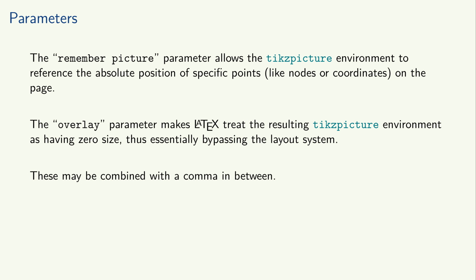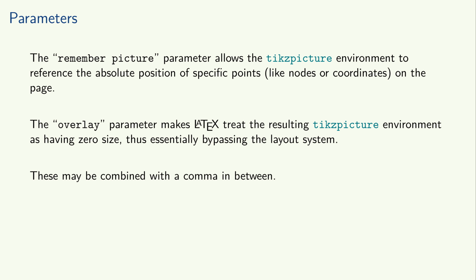There's a special command that came with TikZ that allows us to put in invisible markers in our LaTeX code so that we can refer to those when we draw. Remember picture allows us to do that.